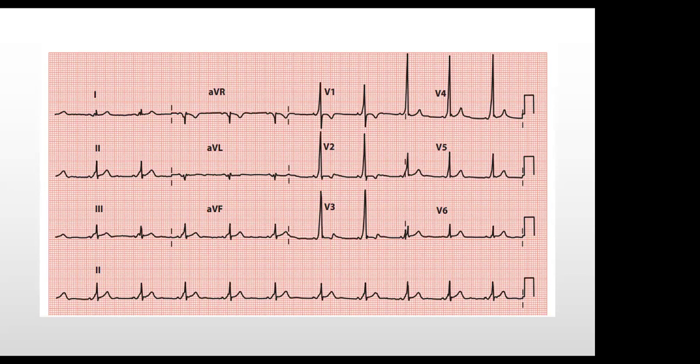So state your evidence: you could see a delta wave, the slurring of the initial upstroke before the R wave, and a short PR interval. Because you have a positive deflection in V1, that tends to tell you this is type A. So the point here is that there's an accessory pathway somewhere. With the history, you could make your diagnosis.